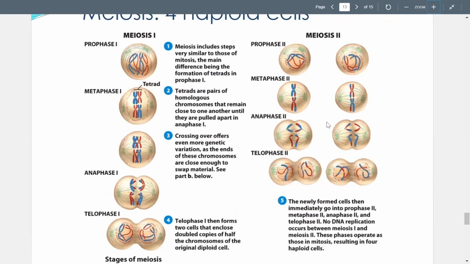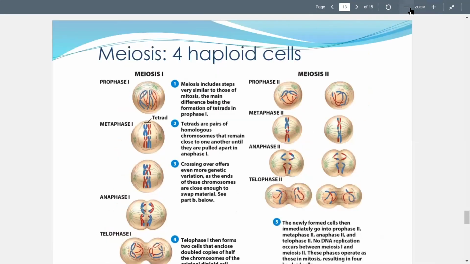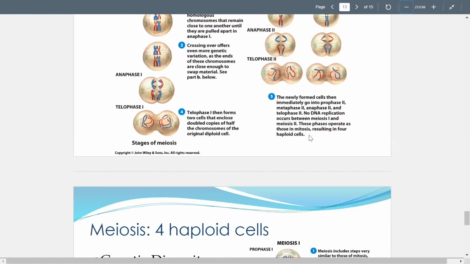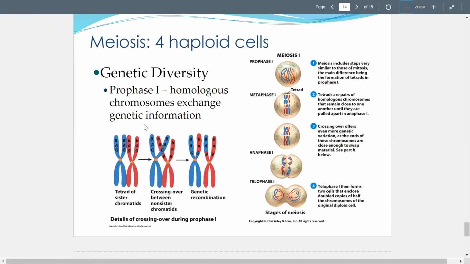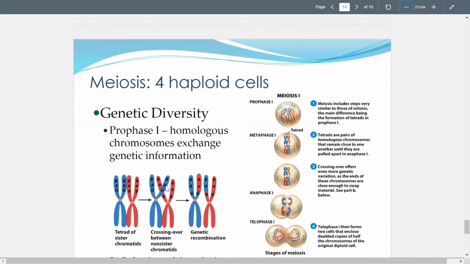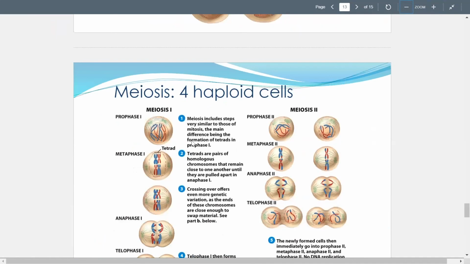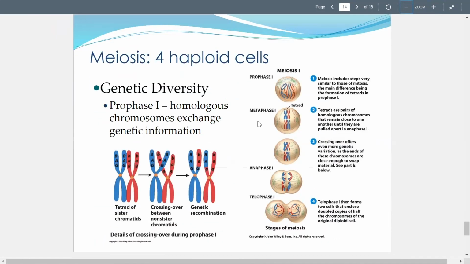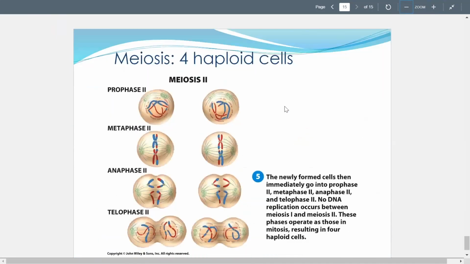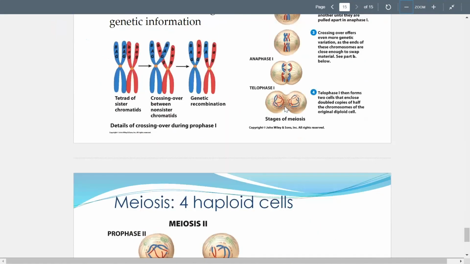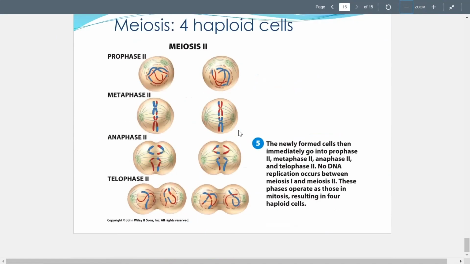Whereas in meiosis 2, they're just splitting in the middle; there's no swapping of DNA. Prophase 1 is where homologous chromosomes exchange genetic information, which is the swapping we mentioned.